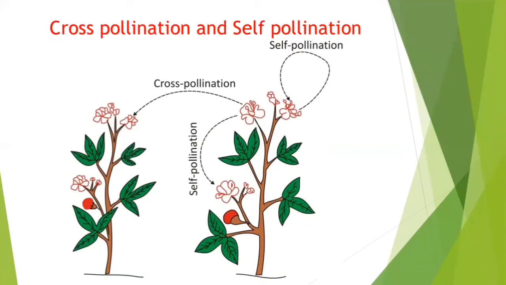Now pollination is said to be of two kinds: cross pollination and self pollination.